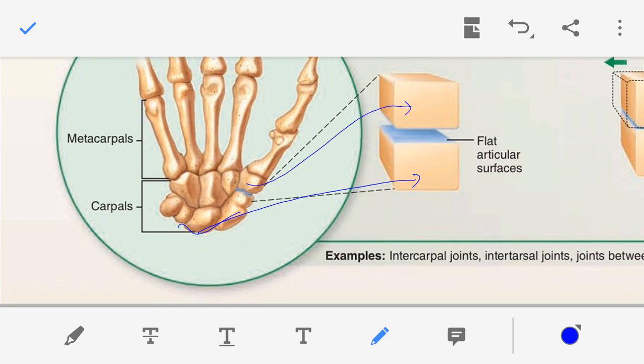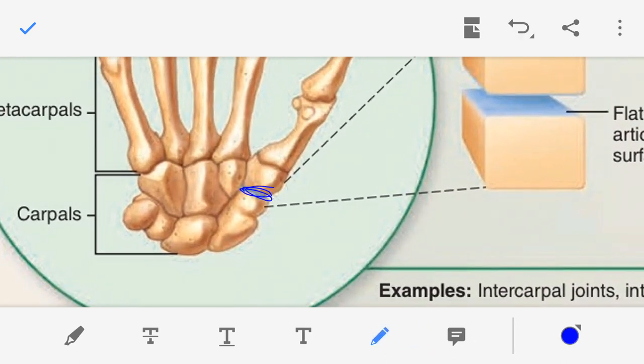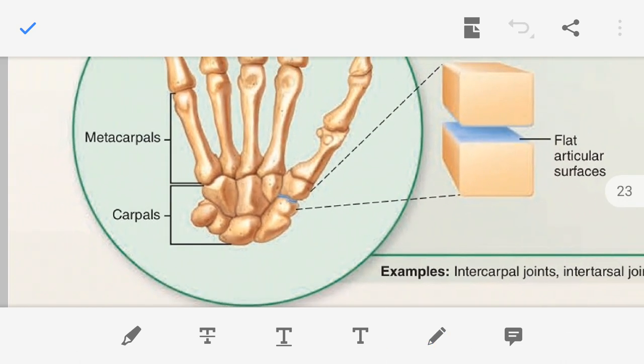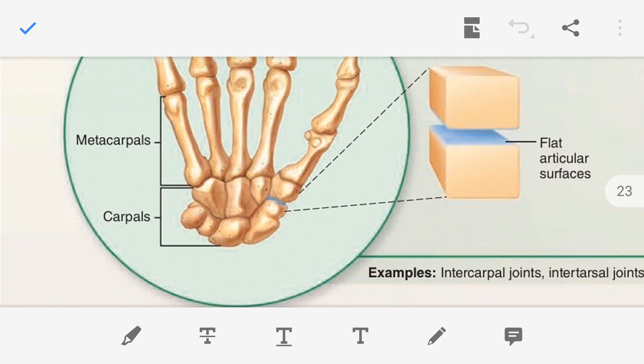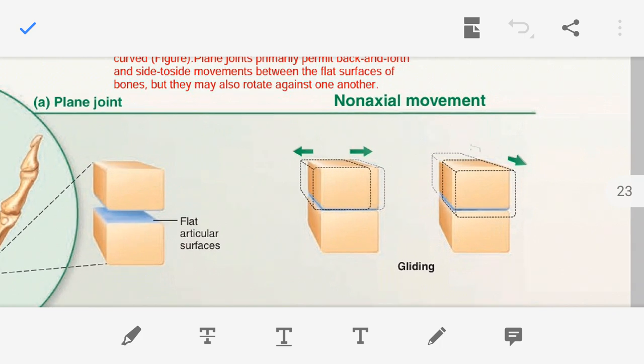You can see both the carpals have a flat or plane surface, and that's why this joint is known as the plane joint, because the articulating surface of the bone is the plane one, the flat one.